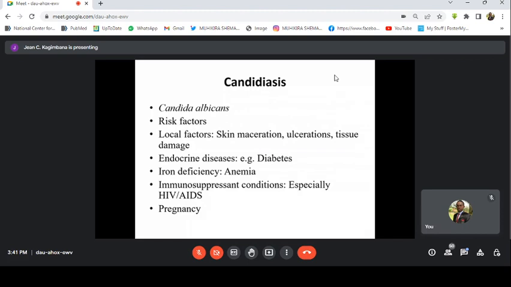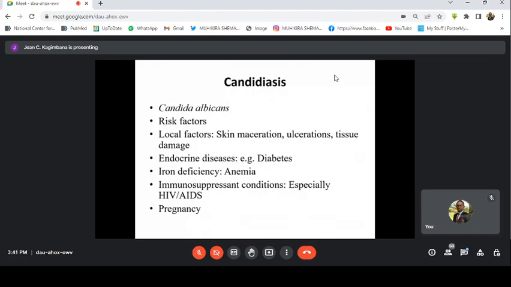It's not a normal part of the normal skin flora. Okay? Which means we may have it in abused children. Of course, if you have a child who has candidiasis at home, just think about abuse, sexual abuse. Okay? It's always a problem.